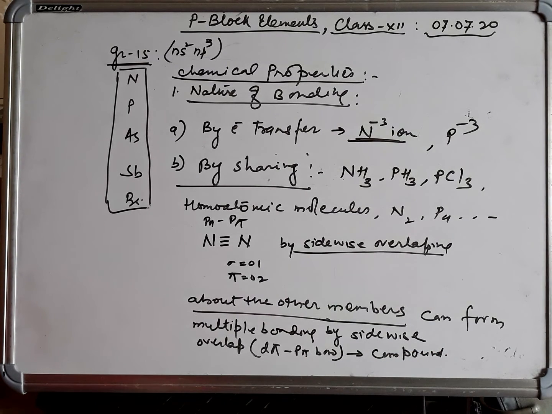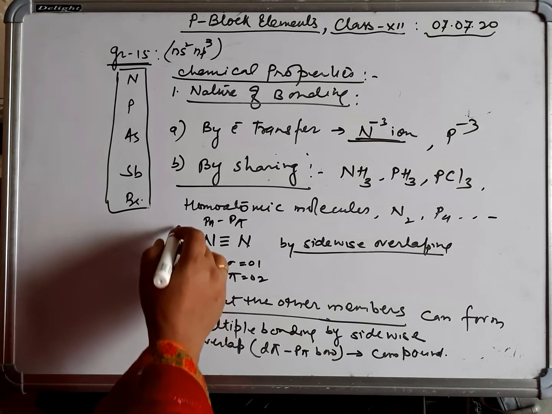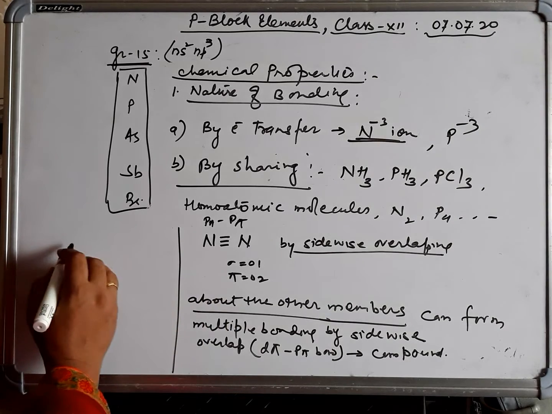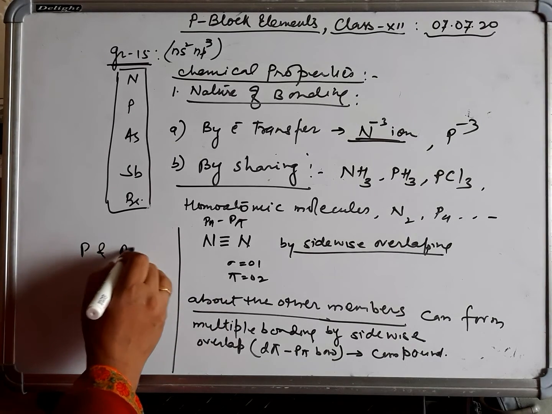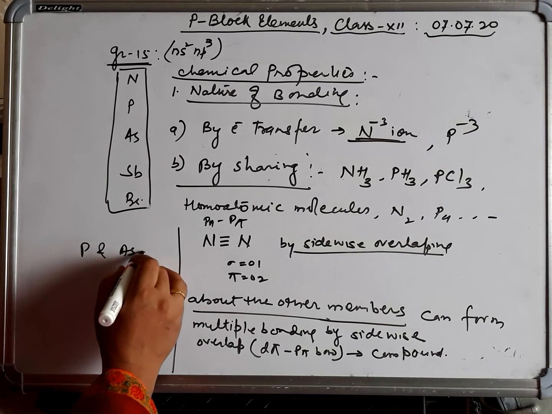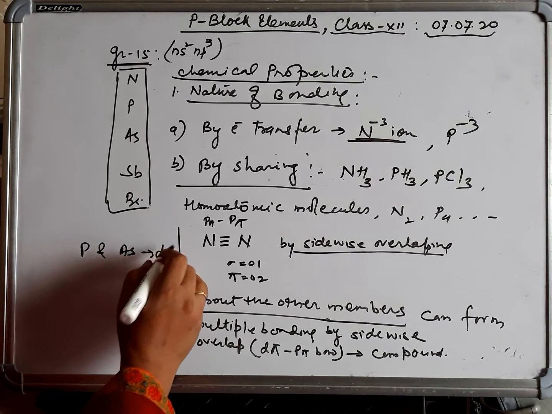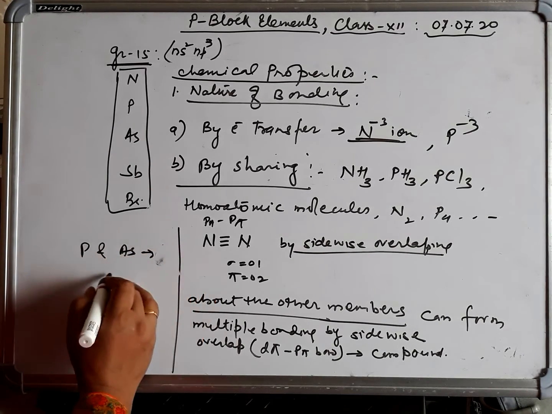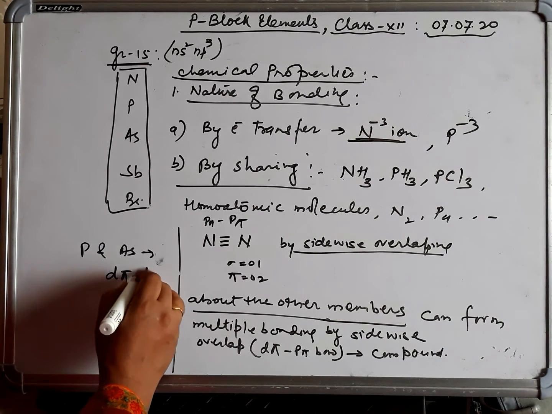Both phosphorus and arsenic can form d pi bonds.